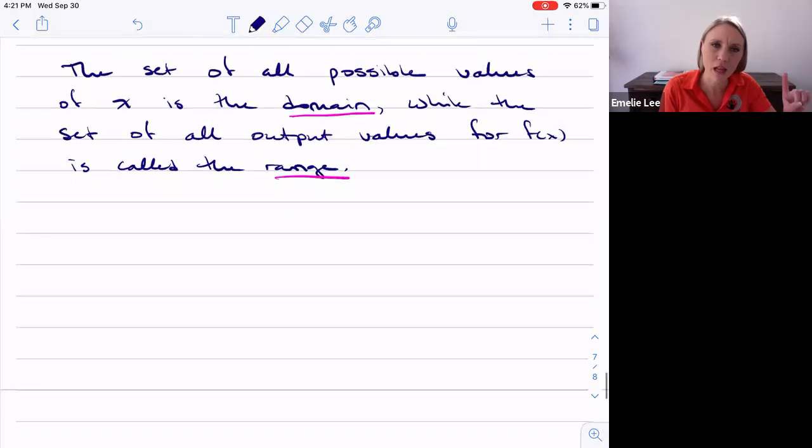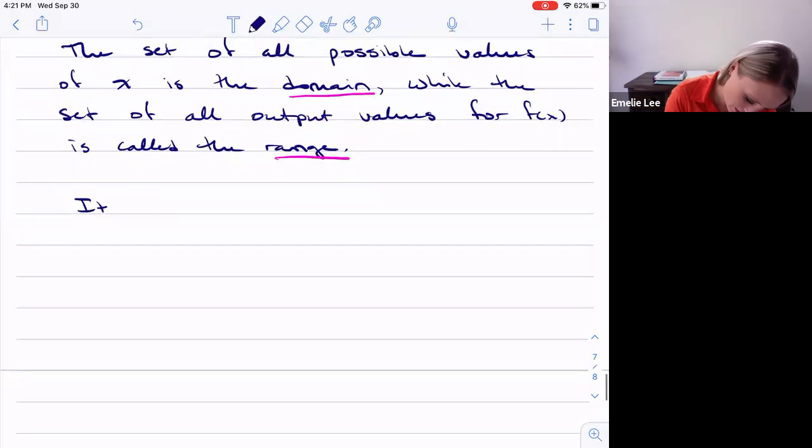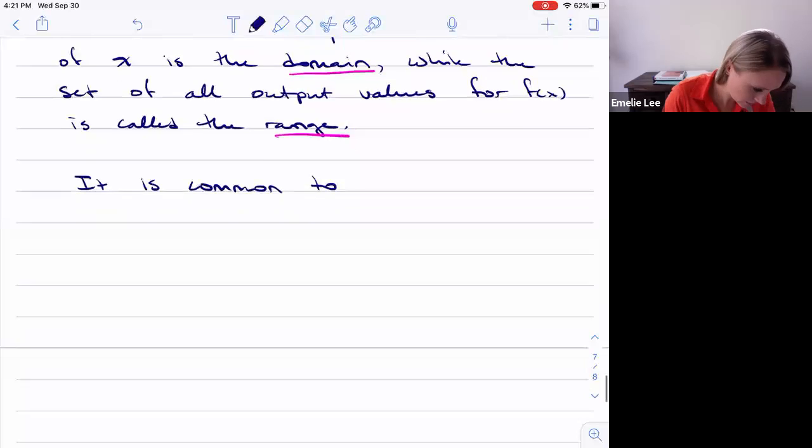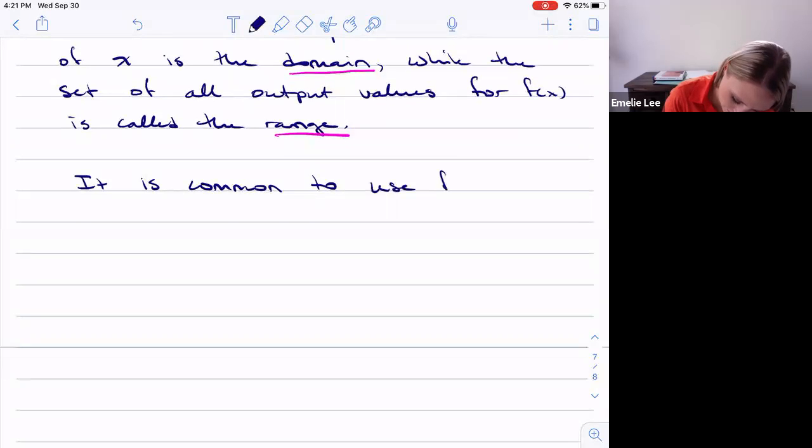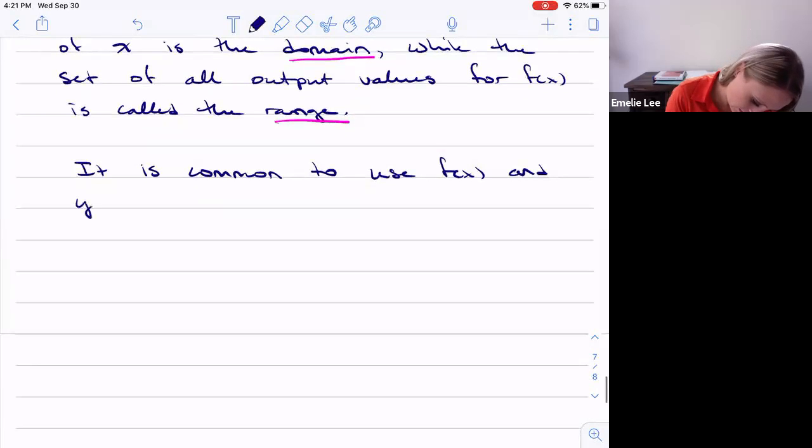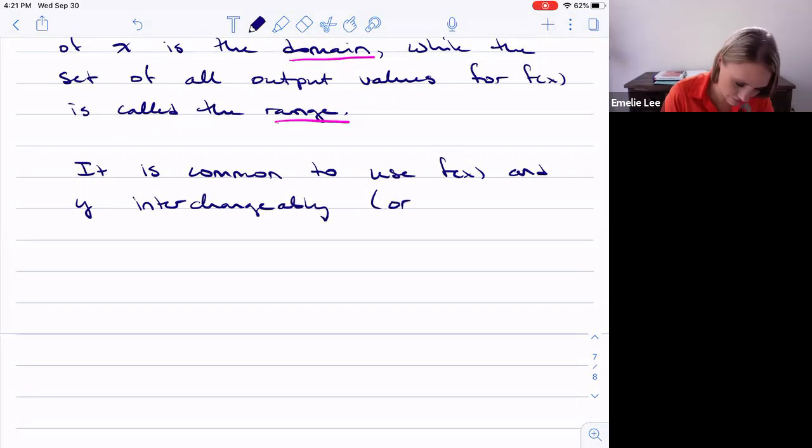So I'll put it as a note here. It is common to use f of x and y interchangeably, right? Or in notation, we can say f of x equals y.